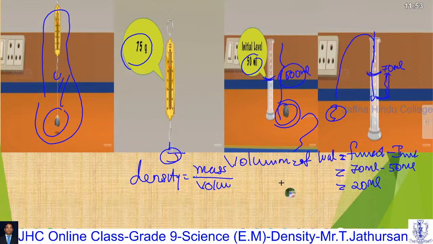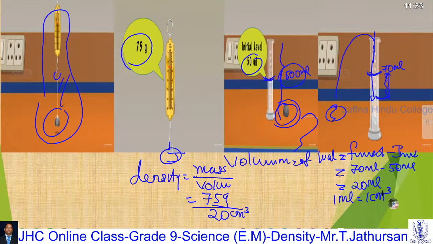What is the mass? 75 gram over volume 20 milliliter or centimeter cube, because 1 milliliter equals 1 centimeter cube.